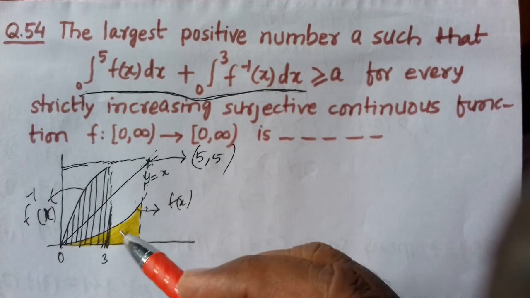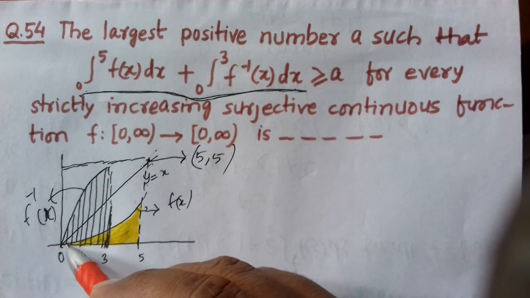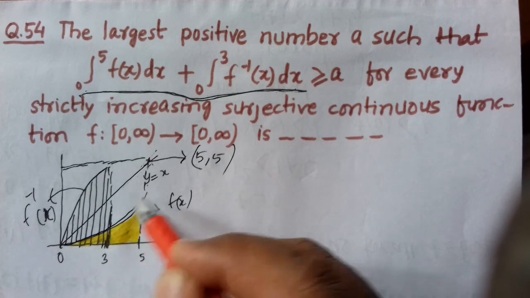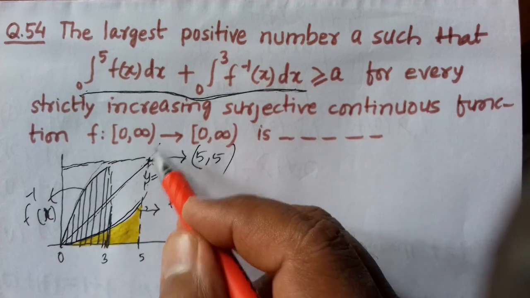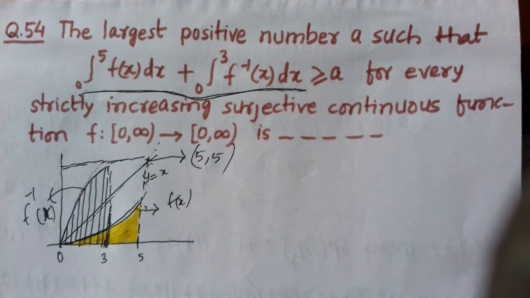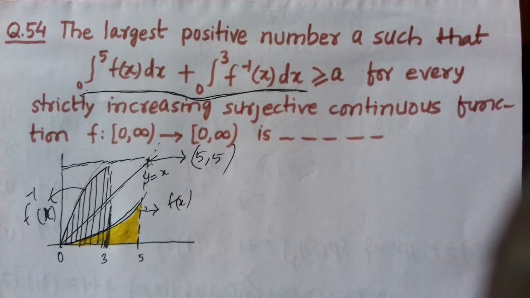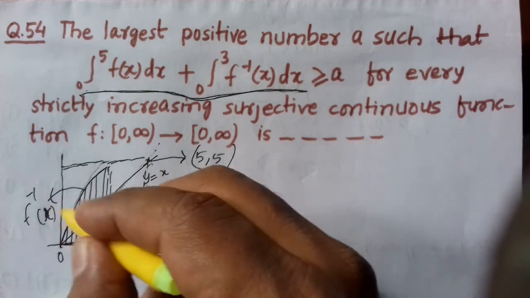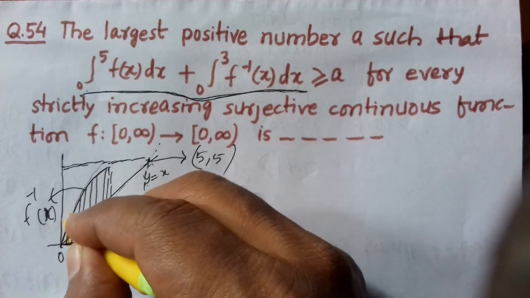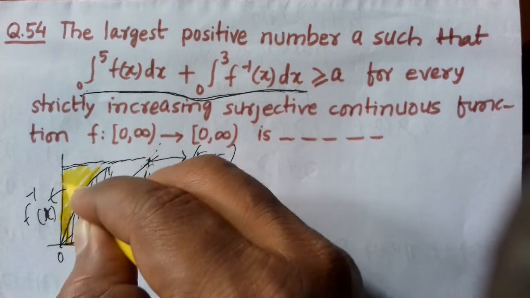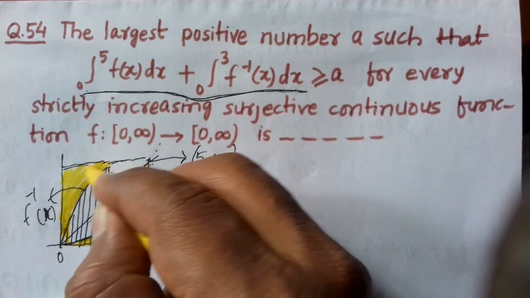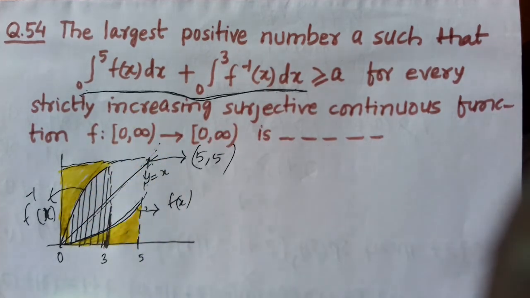Now as this curve and this curve both are symmetric about y equals x, the area in yellow color and this area are equal.